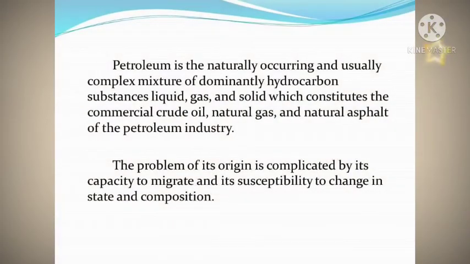Petroleum is a naturally occurring and usually complex mixture of dominantly hydrocarbon substances, liquid, gas, and solid, which constitute the commercial crude oil, natural gas, and natural asphalt of the petroleum industry. The problem of its origin is complicated by its capacity to migrate and its susceptibility to change in state and composition.